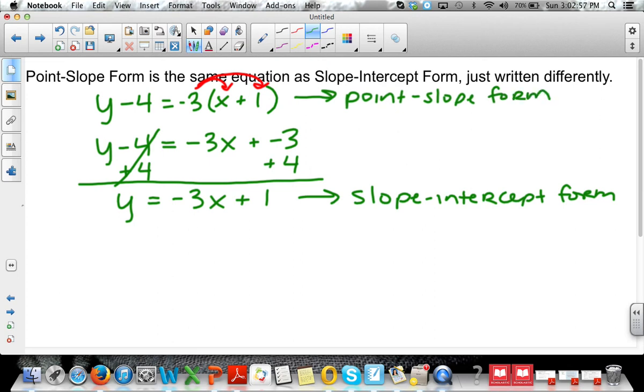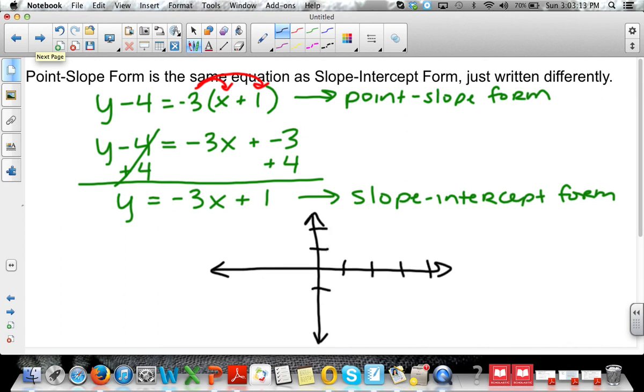Now, if you graphed both of these lines, you'll end up with the exact same line. So we can do that really quick here. Oh dear, I'm going to run out of space.